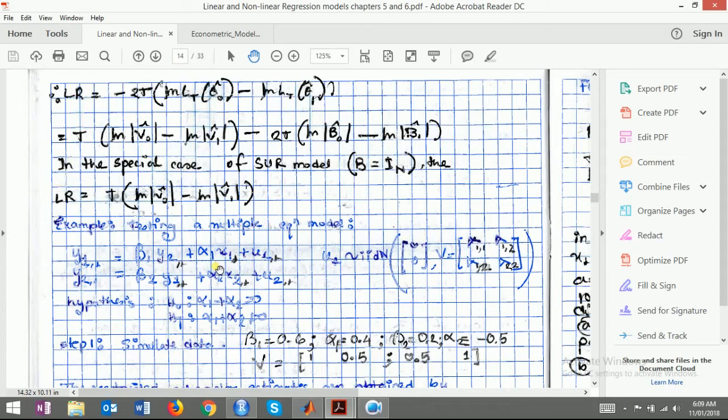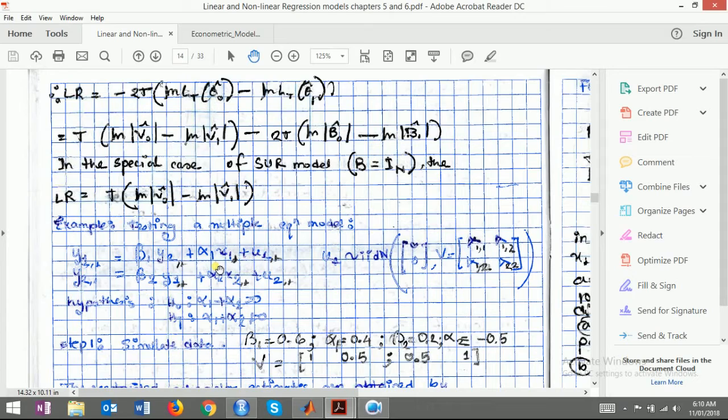So now the likelihood ratio test is minus 2t log LT theta naught theta 1. They have given you the same shape. There's no change. Previously we had for one case log v naught minus v1.